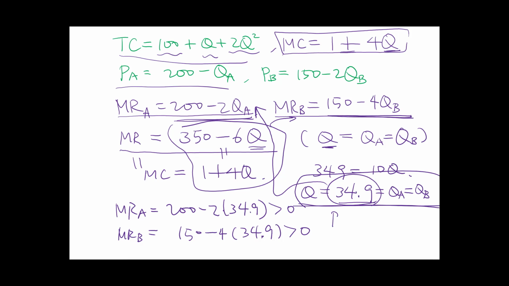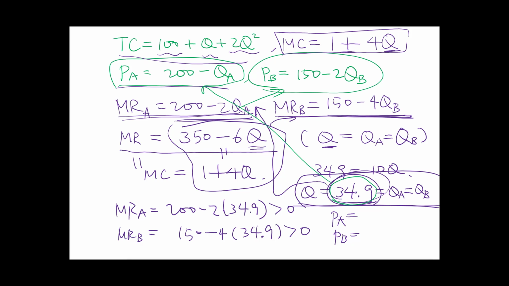Then now we can find optimal price PA, PB. Again, be careful not to plug back into the marginal revenue curve, this and this. To calculate price, you always plug back into the demand function. So plug 34.9 to here and here, right?